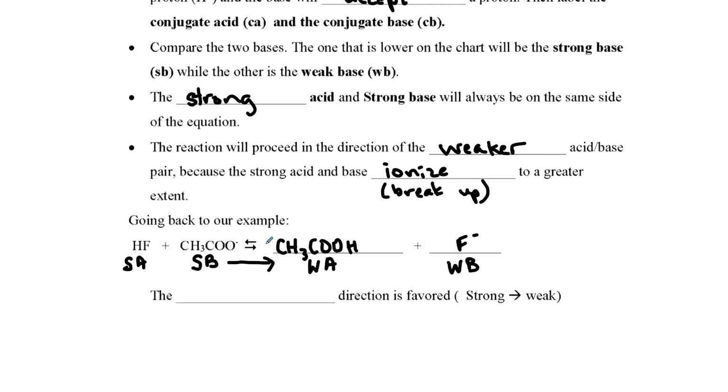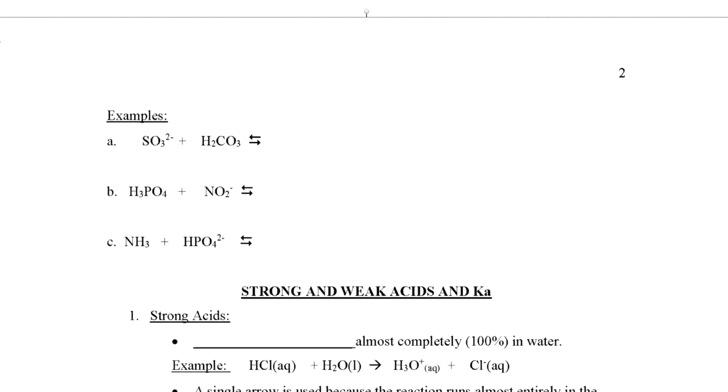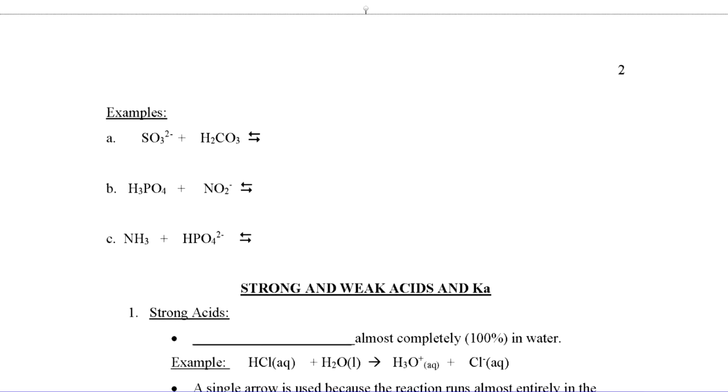So in the reverse reaction, you're only getting a small amount of that happening, like a very small fraction, whereas with a strong acid and a strong base, they're almost completely separating or ionizing. So we would say that the forward direction is favored from strong to weak. So let's try some more examples just to get some practice here.